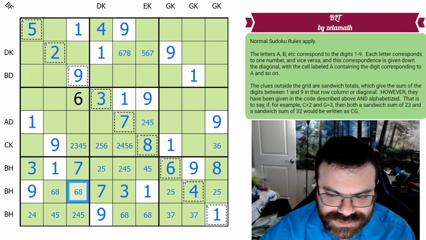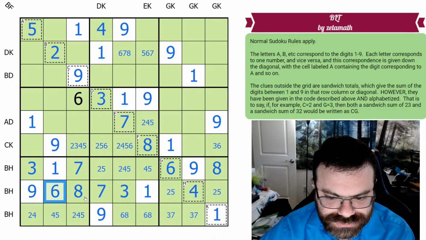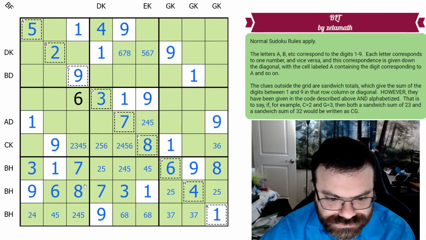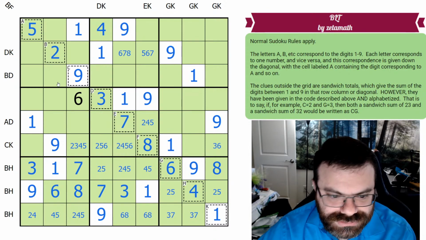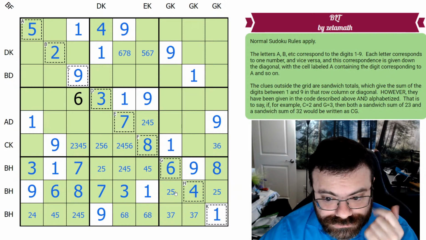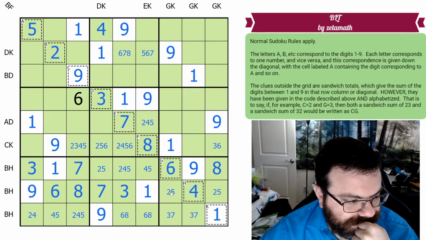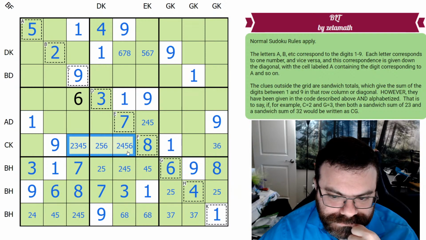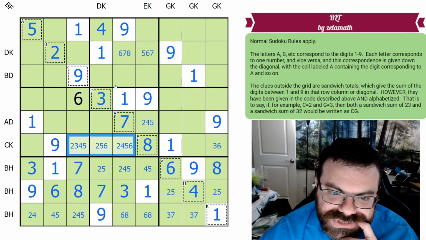Oh, we see a 6 here, so this is 8 and 6. What was CK again? 19.